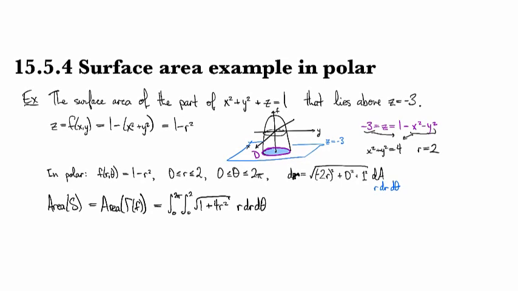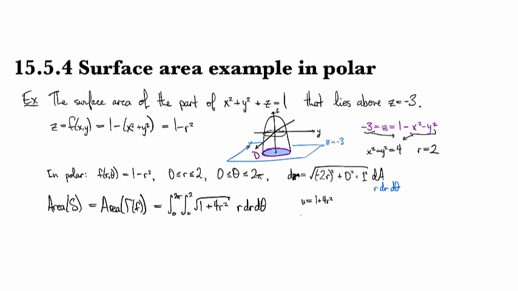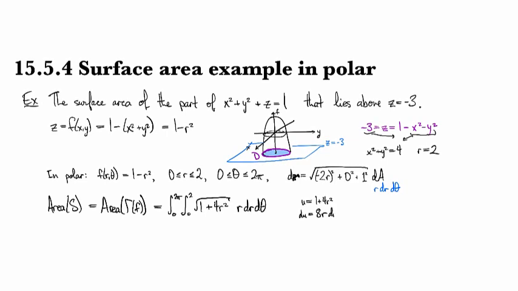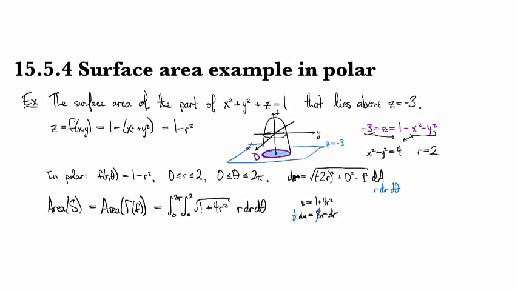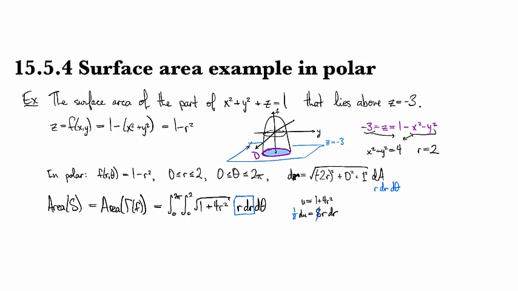So good old u substitution comes in handy once again. Our du is going to be 8r dr, and I will divide that over to the other side. So I've got my r dr right here. That'll become 1/8 du. And for this one, we're integrating over a rectangle in the r theta plane, right?